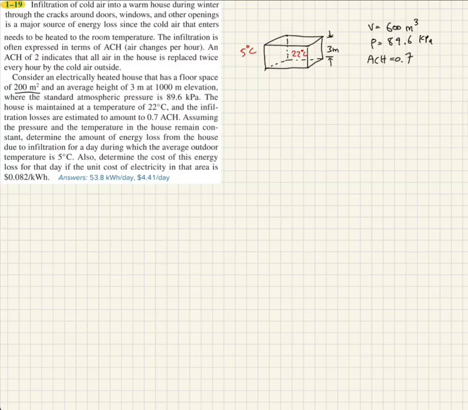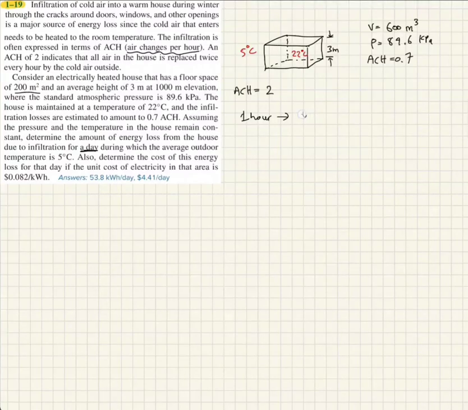Now we have to find the amount of energy loss due to infiltration for a day. This is important: for a day. So we have to find how much air would be replaced in 24 hours. The example they gave is air exchange per hour. If ACH equals 2, it means that in 1 hour the air is replaced twice.